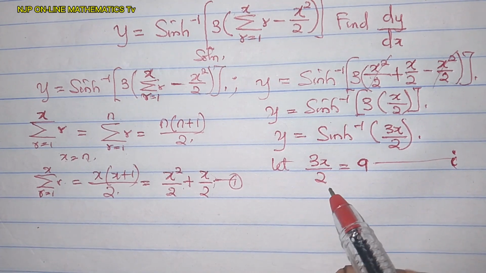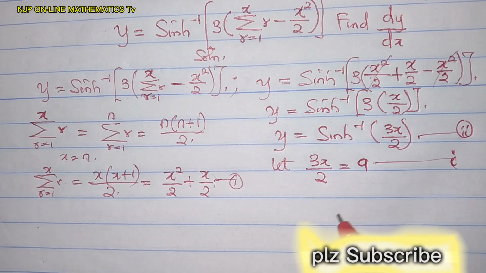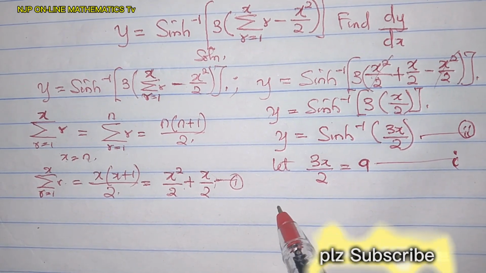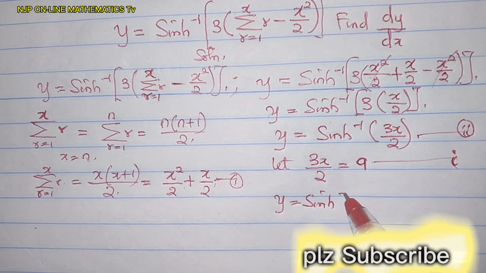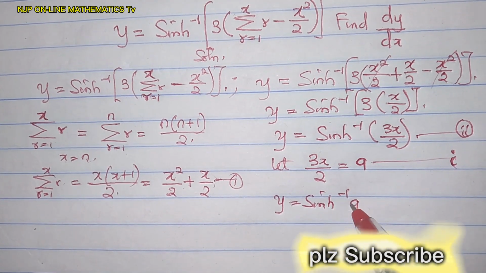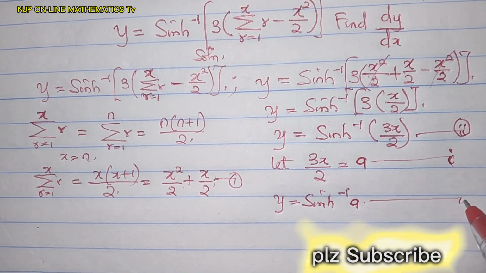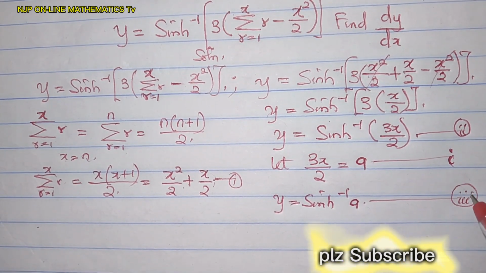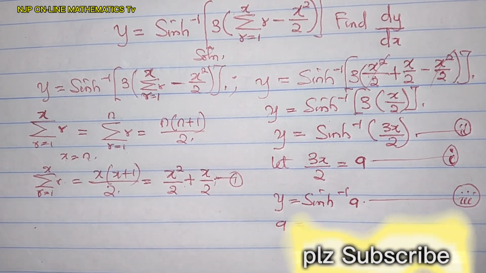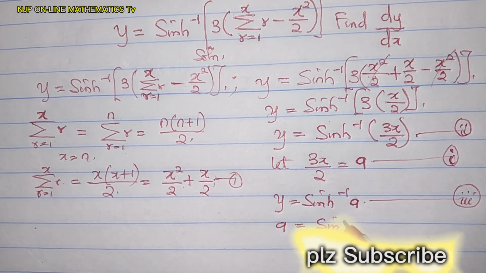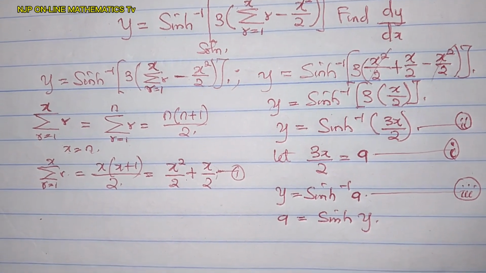If we substitute it into this, let's call this the second equation, we'll have that y equals the sine inverse of A. Let's call this the third equation. From here we can say that A equals sin y.